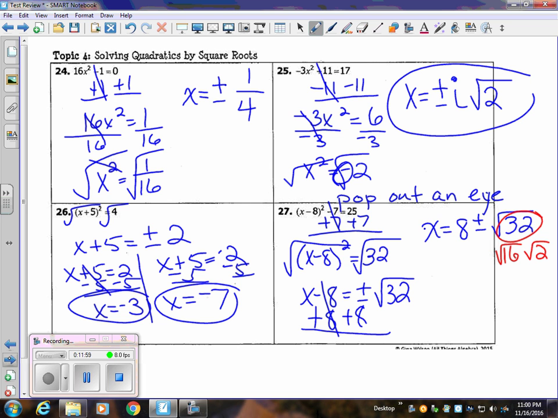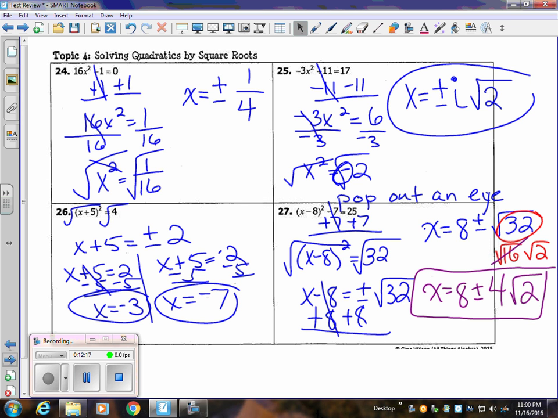We're going to go ahead and take that square root of 16, make it a 4, so it comes out as 4. Do not put the square root back around. But 2 isn't perfect, so it stays under the square root. So our answers are 8 plus 4 root 2 and 8 minus 4 root 2.